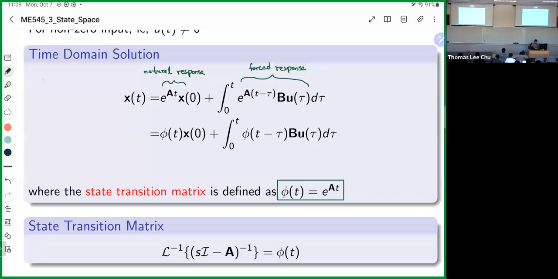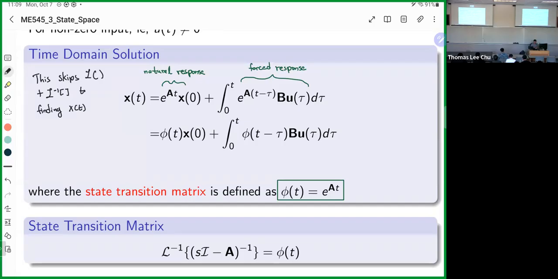So this skips taking the Laplace transform plus inverse Laplace transform to finding x of t, if that makes sense.